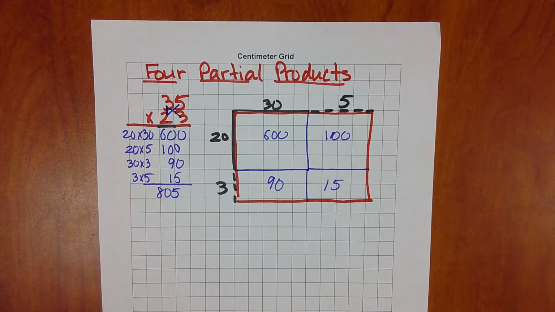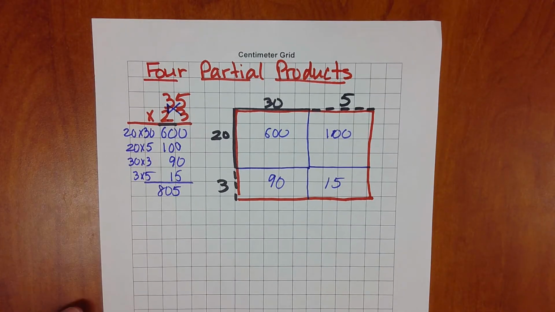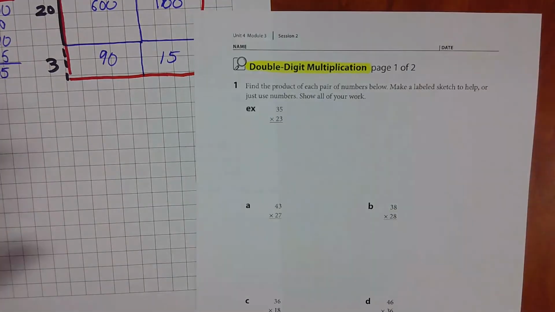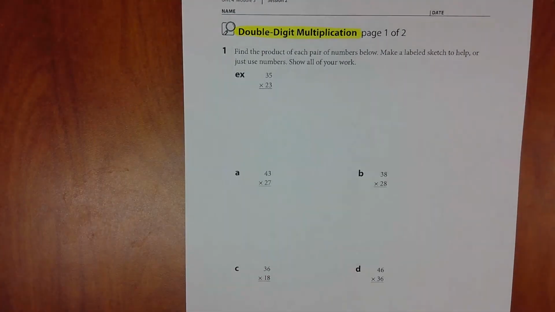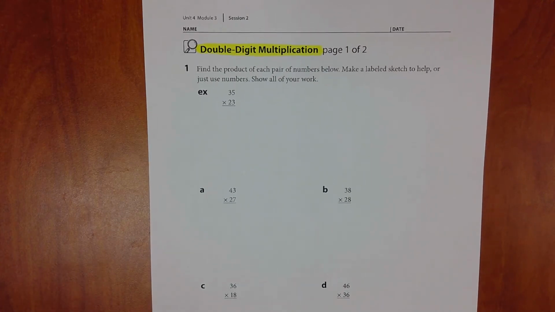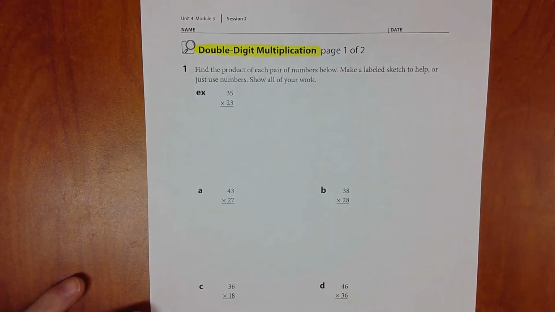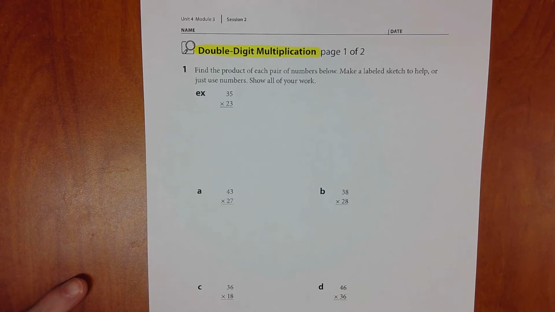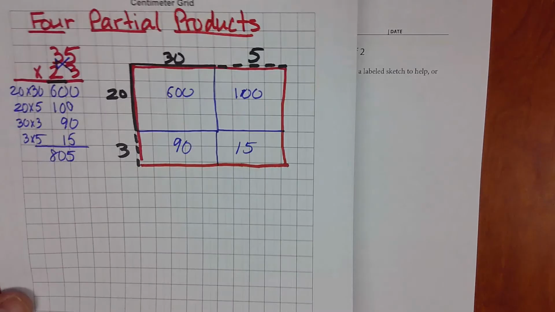Now, if you were so gracious enough to open up your bridge book, if you have it, if not, I'll attach it so you can work on it, at least see the problems. This is the problem that we just did, 35 times 23, so you don't have to do that again because we just completed it.